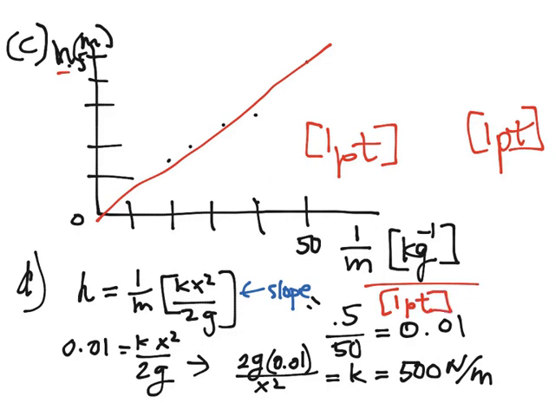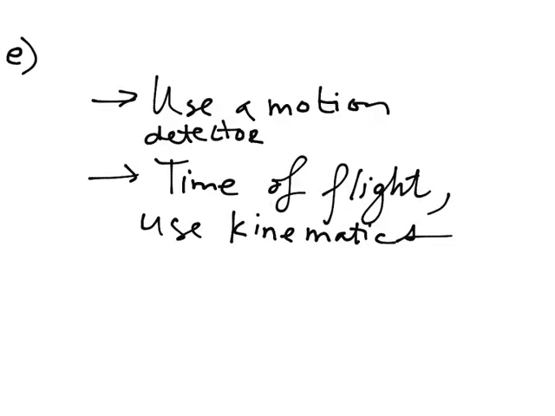And if you correctly used that to calculate k, give yourself a 2nd point. For part E, if you gave a good answer, give yourself 2 points. Okay, so a total of 10 points.